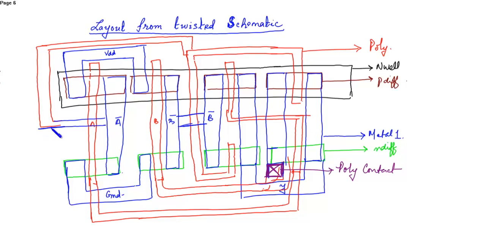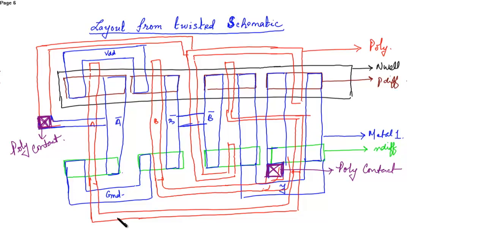There is an overlapping between metal and poly, so you need a poly contact over here. This is again a poly contact. Okay. So all input output labeling is done.